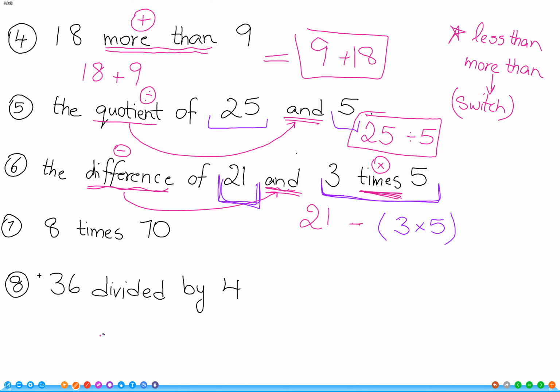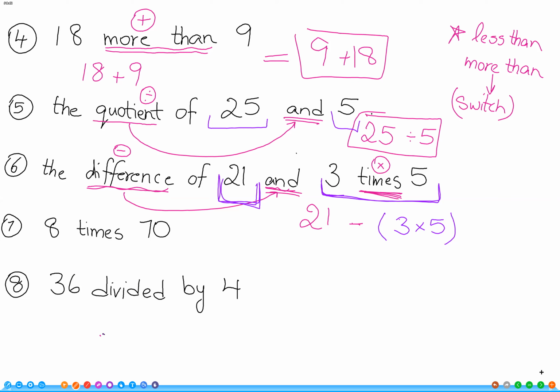Question 7, question 8, pause the video and try to solve them by yourself. Underline the keyword and translate each keyword into the operation that we learned.